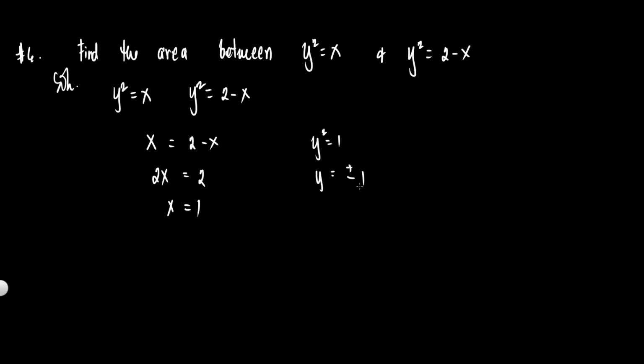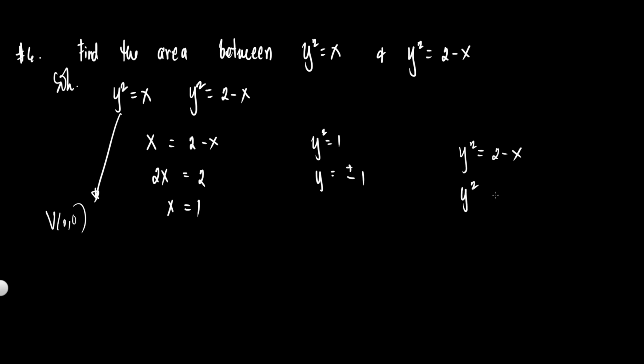Now, this parabola opens in the positive x direction. How about this one? Let's put it here. The vertex is at (0, 0). And the other one, what is its vertex? So y squared equals 2 minus x.